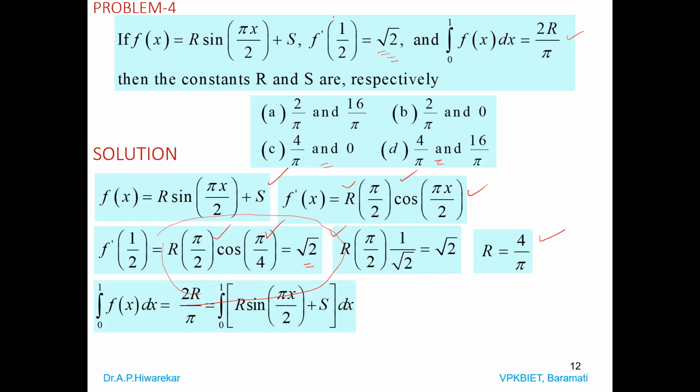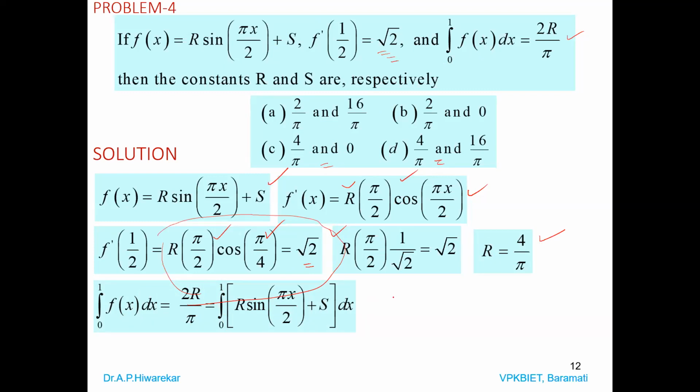Now we integrate, because the second condition is given to us: the integration of f(x) dx from 0 to 1 is 2r by pi. So 2r by pi is equal to the integral from 0 to 1 of r times sine of pi x by 2 plus s. Integrate this term.